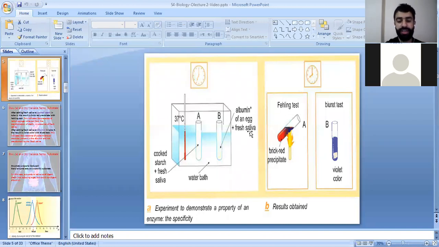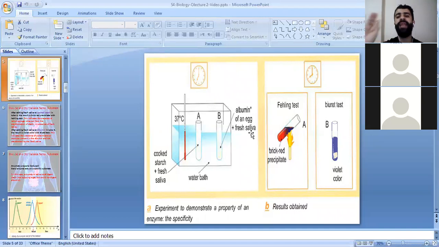Why? Because the saliva contains an enzyme called salivary amylase that works only on starch to convert it into reducing sugar. So the variable factor between tubes A and B is the substrate.